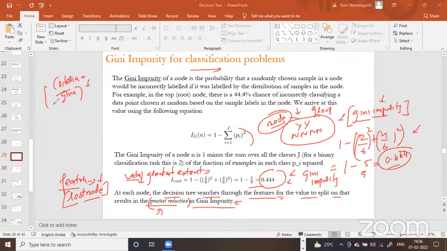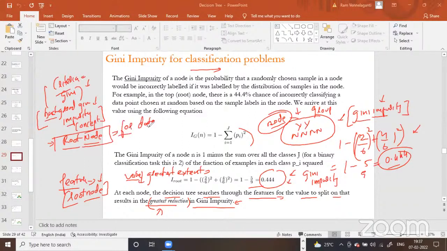If you say that, in the background it is going to apply your Gini impurity concept, and then it is going to find out what is the most important feature, the root node for our data.